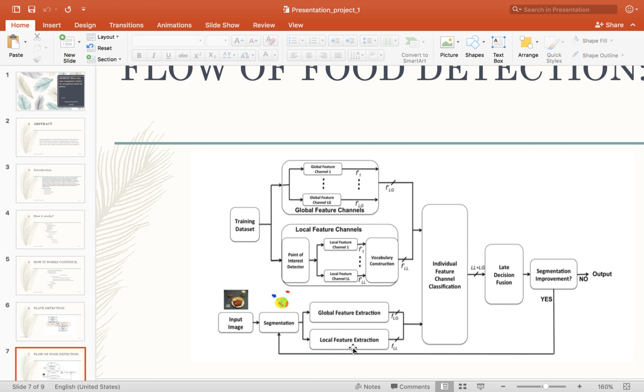Here we have hypothesis scores which tell us what percentage we are getting similar to the training data set. It is an iterative process: if every time we improve our score, we again try to extract some features, and when we cross a predefined threshold value, it gives the output to the screen of the app that these are the food items which one is consuming.